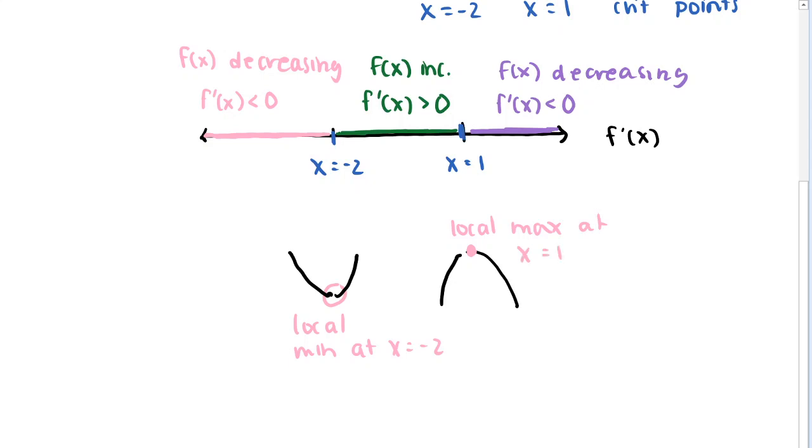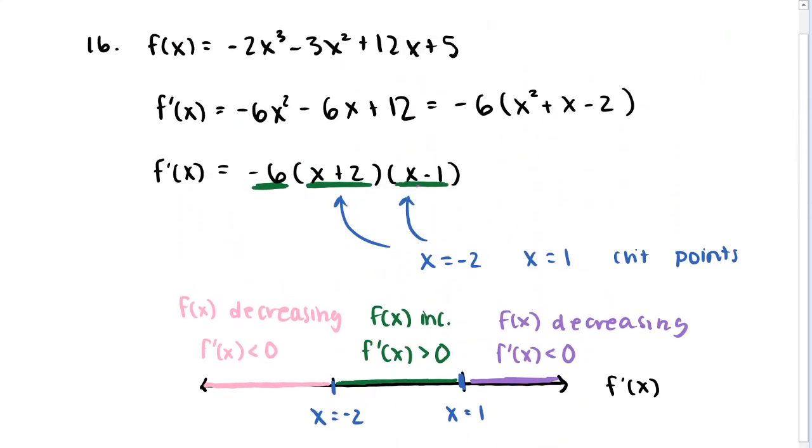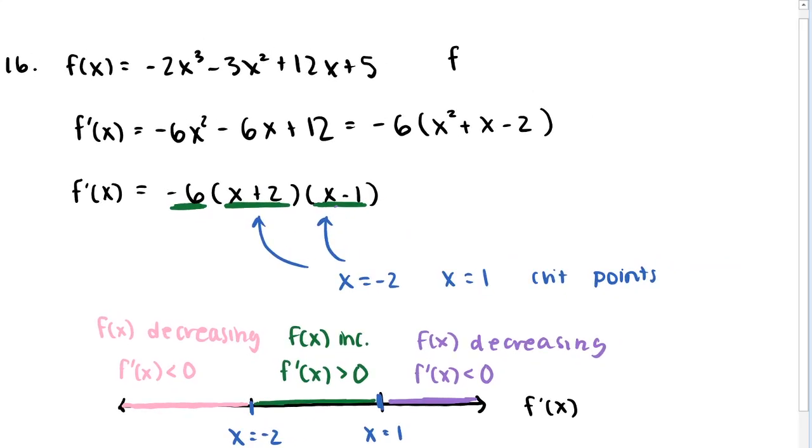And so what are the values of the local min and the local max at these points? What are the y values here? Well, we just have to plug these into our original function to find the actual points. So here, when x is equal to -2, let's evaluate f of -2.